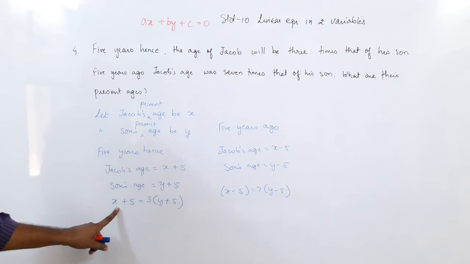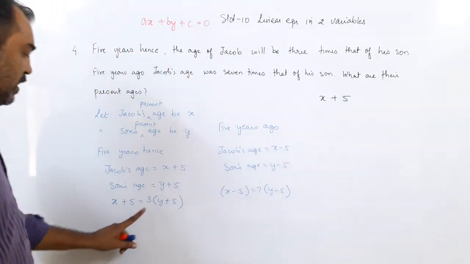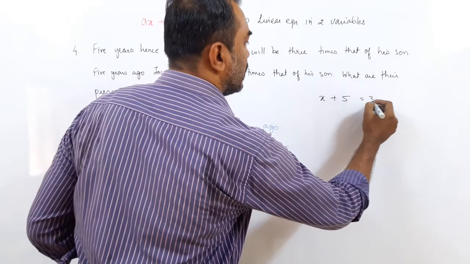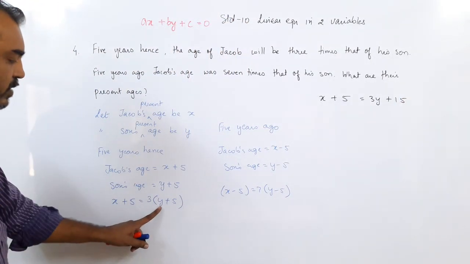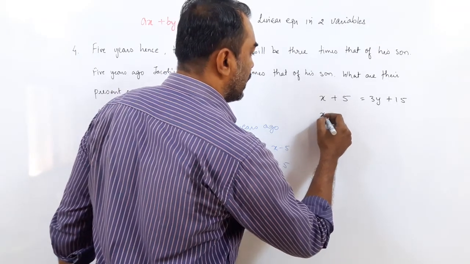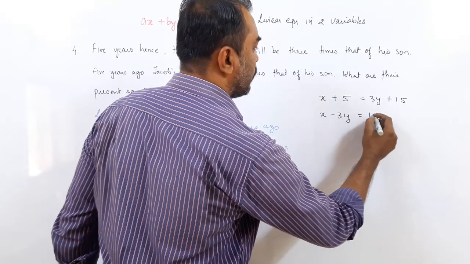How to make the equations? You will just open the bracket. x plus 5 equals 3y plus 15. Open the bracket: 3 times y is 3y, 3 fives are 15. On rearranging we get x minus 3y equals 15 minus 5, or 10.